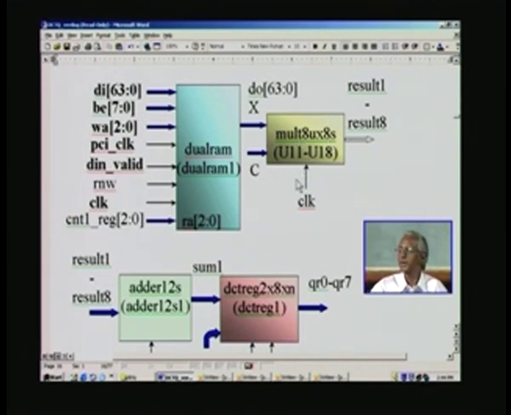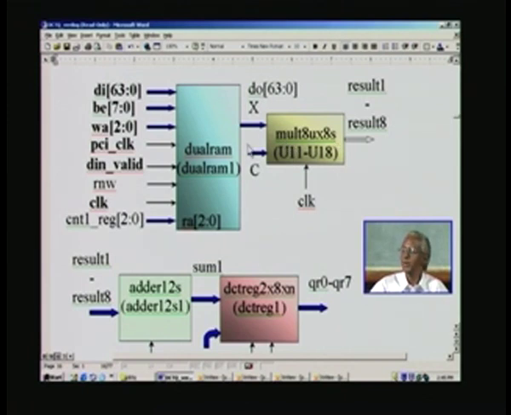There are 8 multipliers, which you can identify as U11 through U18, and you need the 8 pipeline stages here. As you recollect, all our multipliers earlier had 8 pipelines. So, there are 8 pipeline registers here.